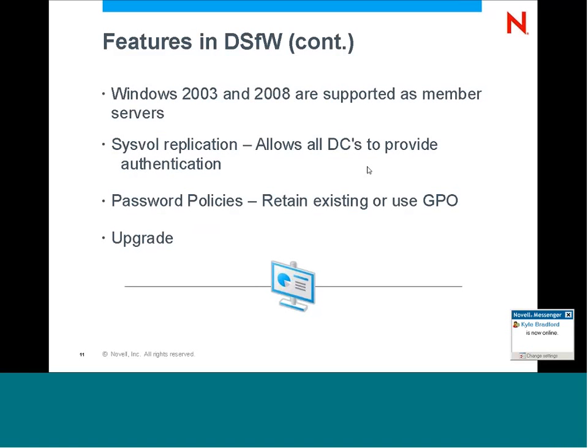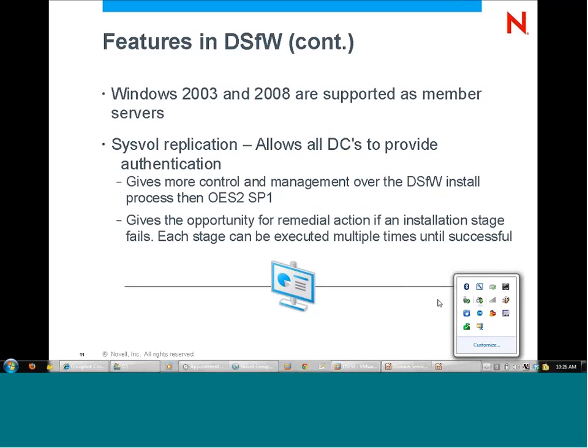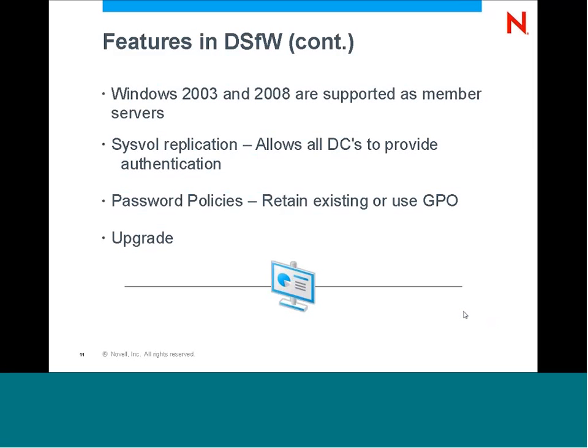The Sis File replication. This is something that came about with... let me just turn this off here. It's popping up. So go back one there. There we go. So Sis File replication. When you authenticate into a domain, it reads the Sis File. Now, the first implementation of DSFW just had the Sis File on the primary or the FSMO domain controller.